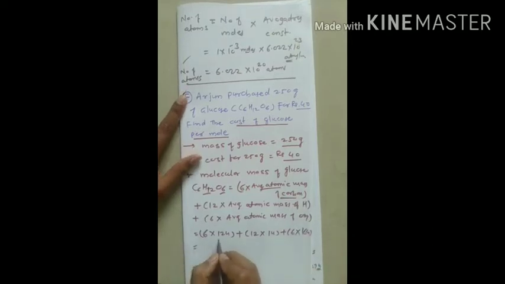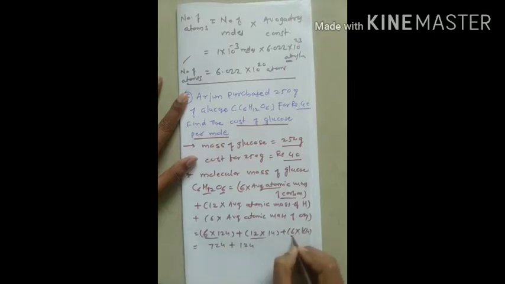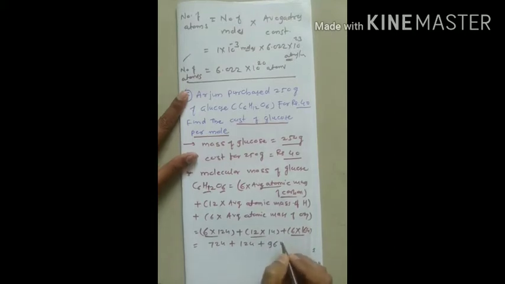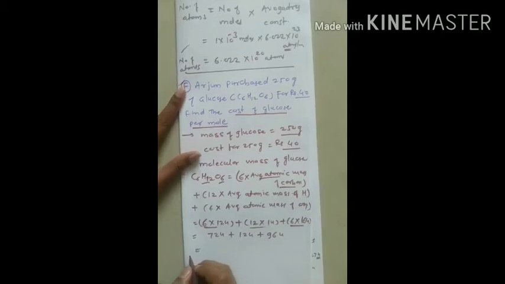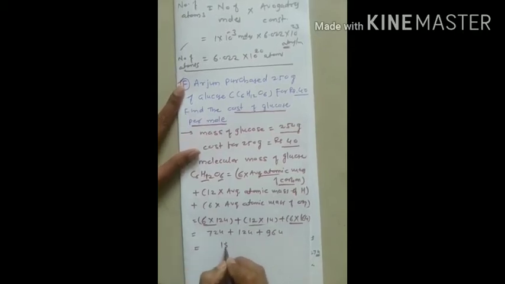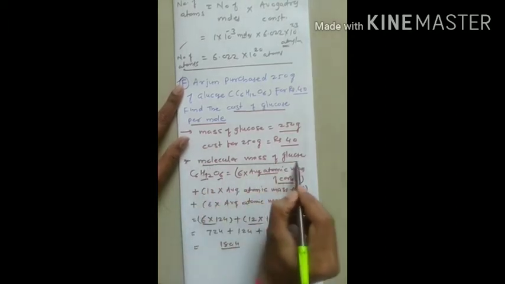If you calculate it, 12 into 6 is 72u, plus 12 into 1 is 12u, plus 16 into 6 is 96u. If I add it, I will get 180u. This is the molecular mass of glucose.